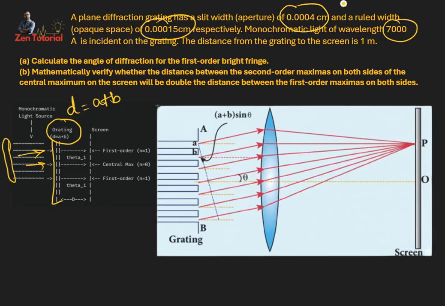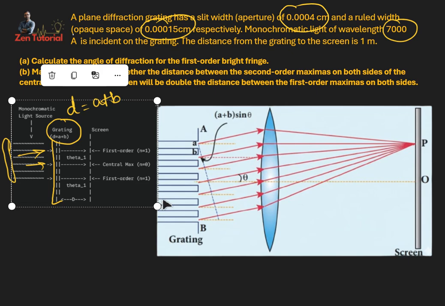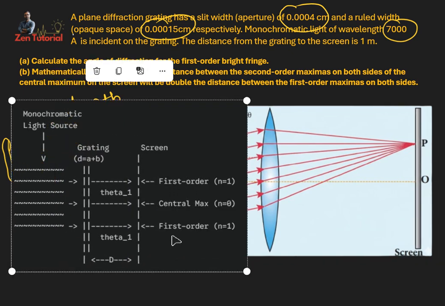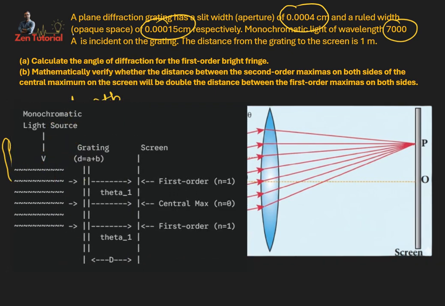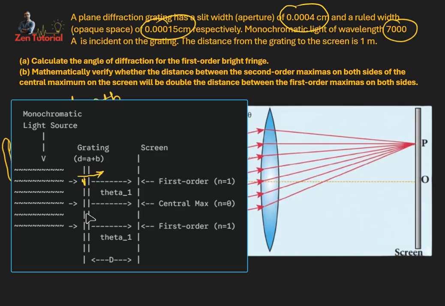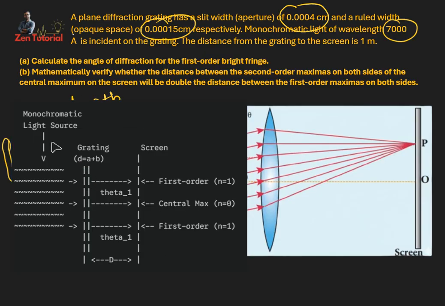You can see there are obstacles, and here light is passing through. The obstacle width is B, and the breadth where the light is passing through is A. That is A, and this is B.